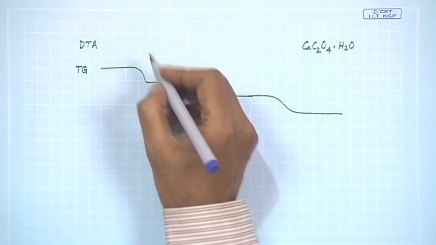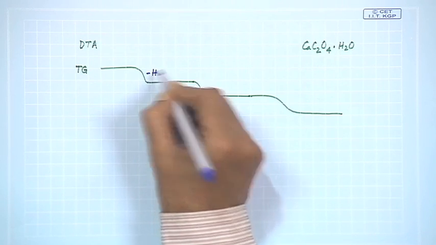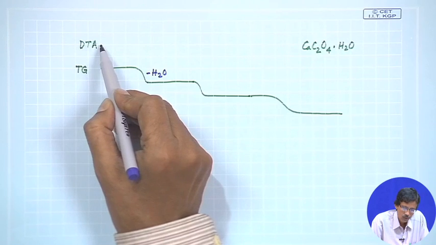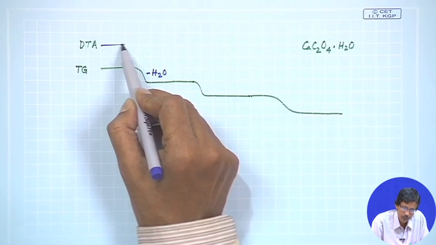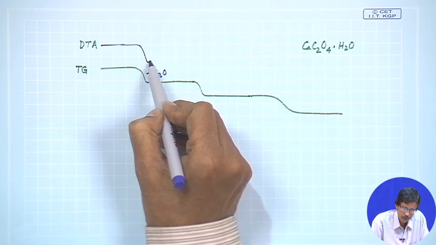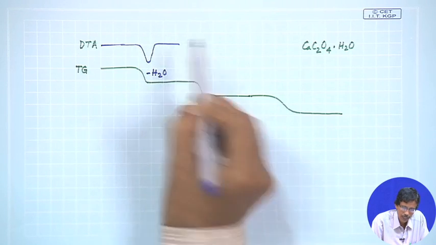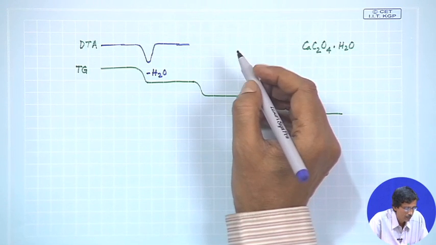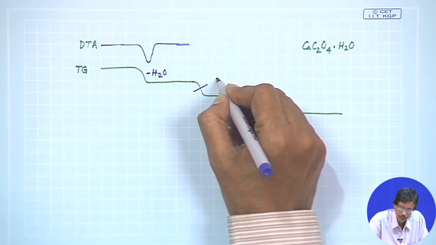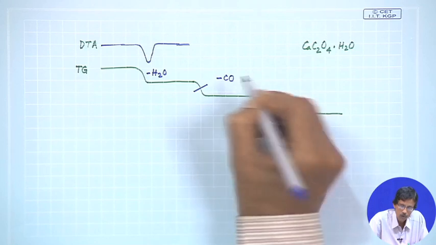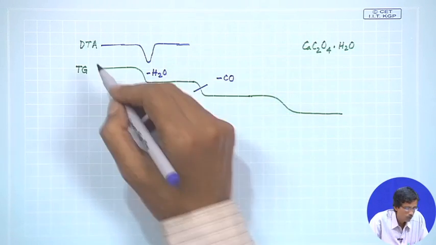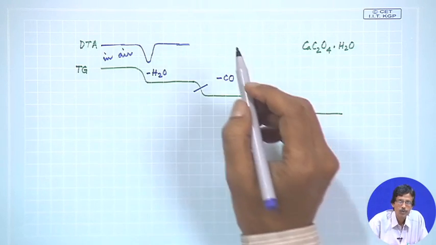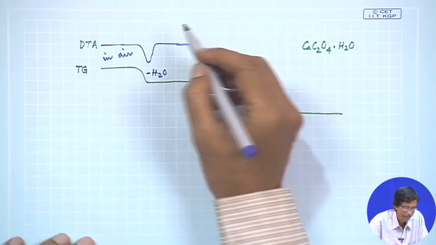For the DTA plot, this loss, we all know, is the water of crystallization being lost here. So the evaporation process goes like this. And for the second one, we know that this particular point is the elimination of carbon monoxide, and we are making this measurement in air.